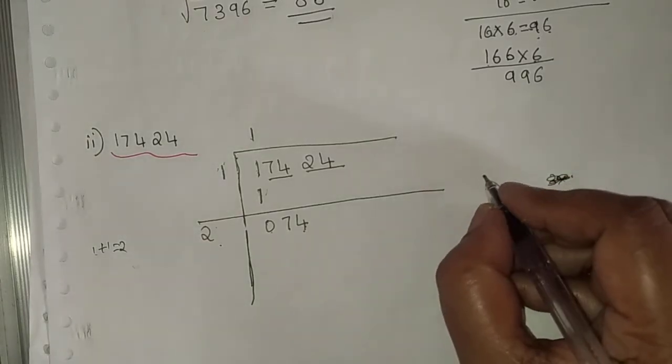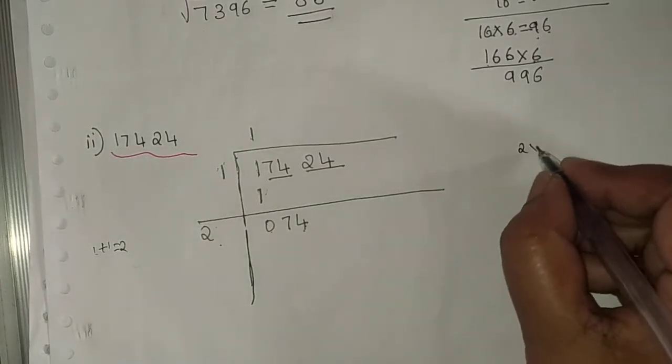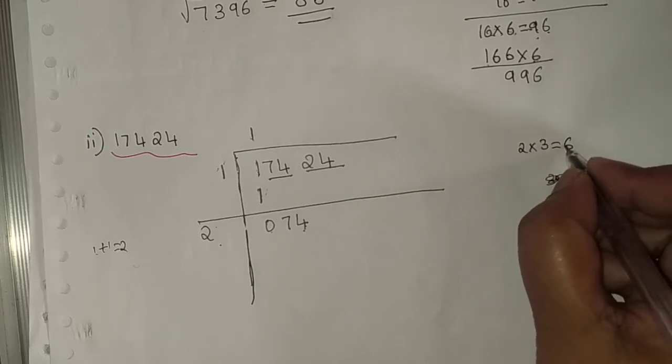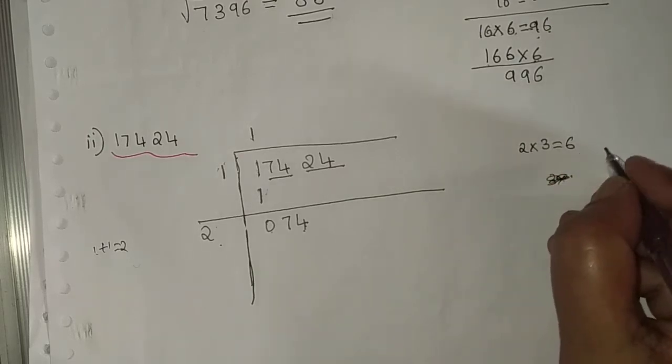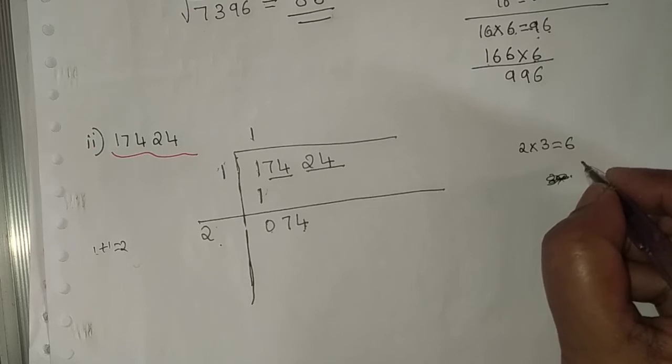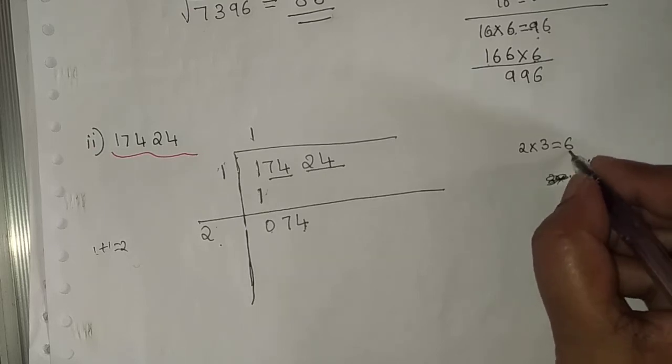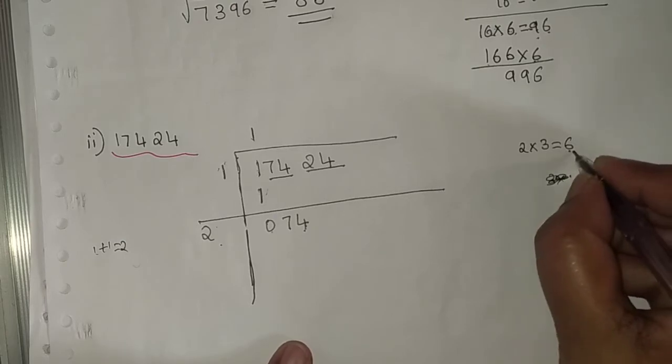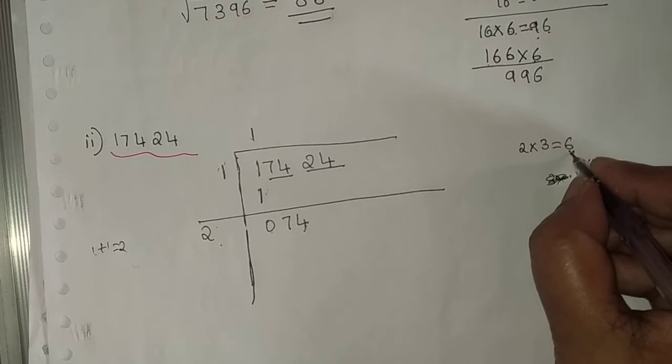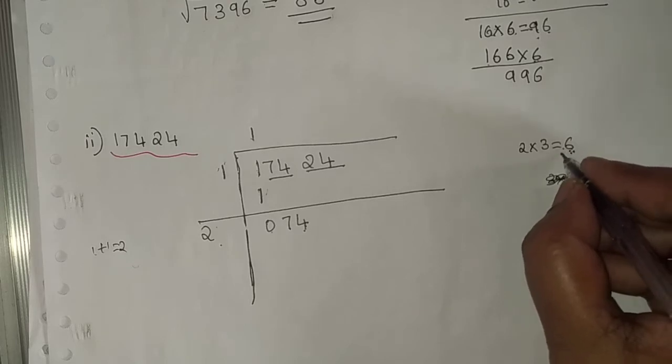So now the next step is 2 3s are, 2 into 3 is equal to 6. Okay, next is nearest to 6. So what is this? We have to take 6 square. Therefore the nearest to this will become 2 3s are 6.